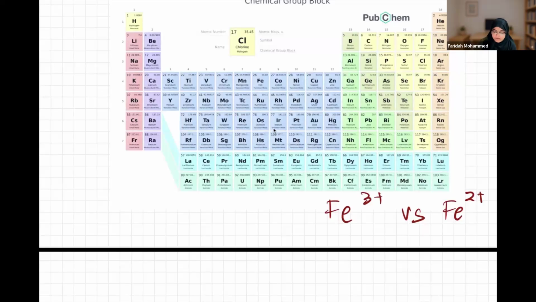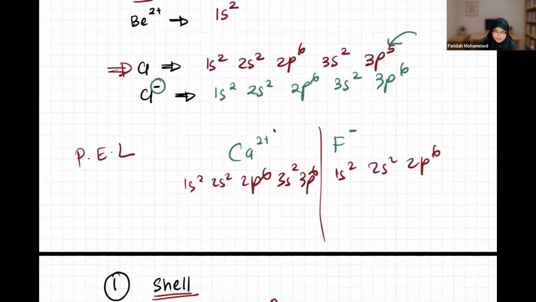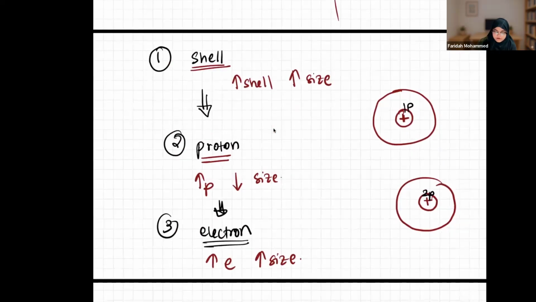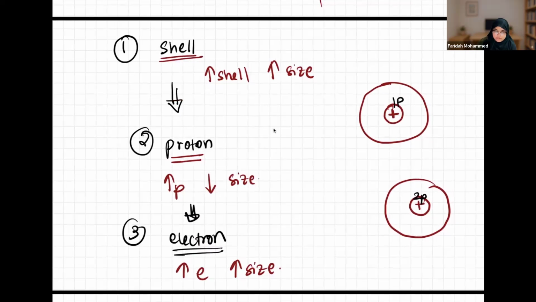Okay, Fe3+ versus Fe2+. And this is the chart. Anyone need explanation again on this chart?